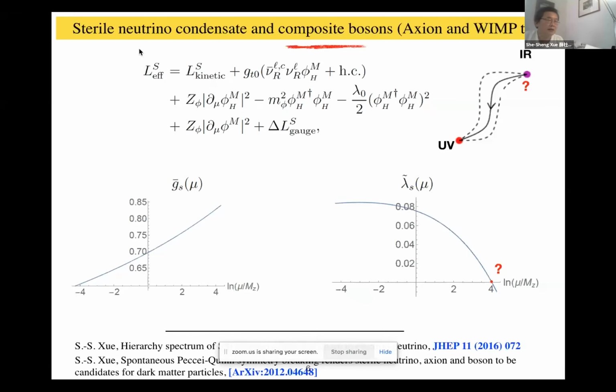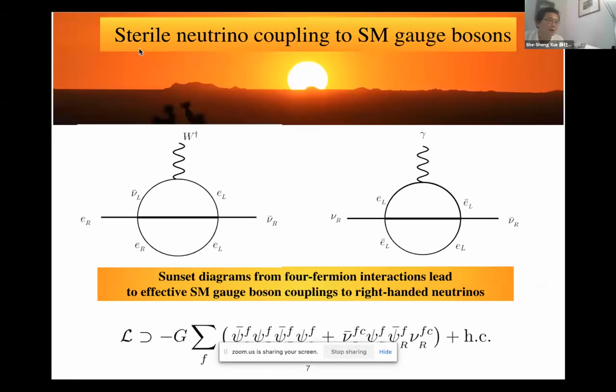Next slide, please. In addition, I summarize: we have three sterile neutrinos as fermion candidate dark matter particles, whose Majorana mass is generated by spontaneous symmetry breaking like the Higgs mechanism. So two composite particles appear. One is a pseudoscalar, which is the axion, very light.